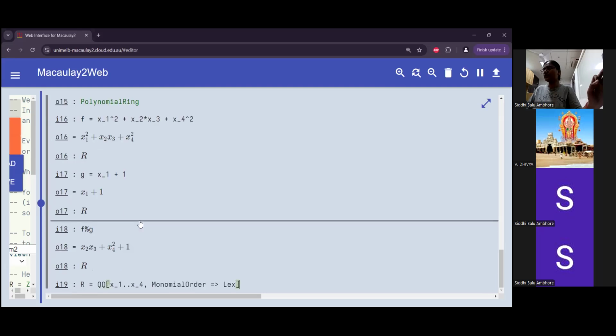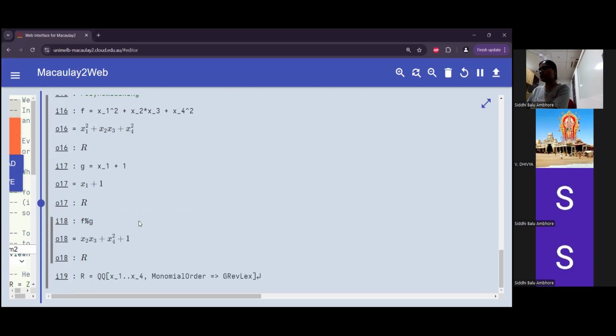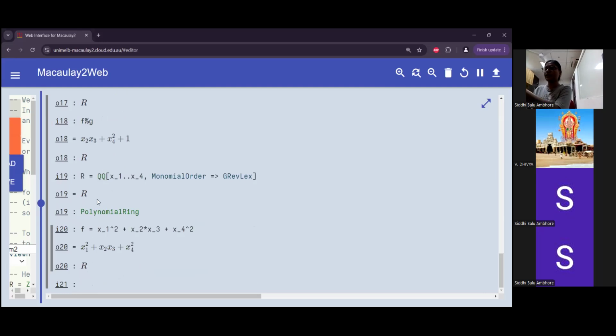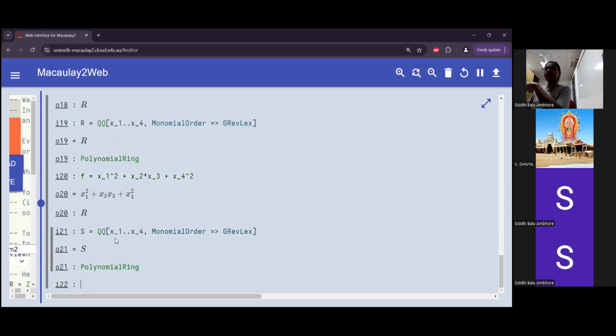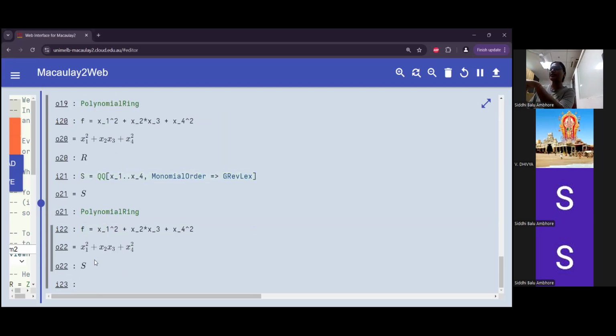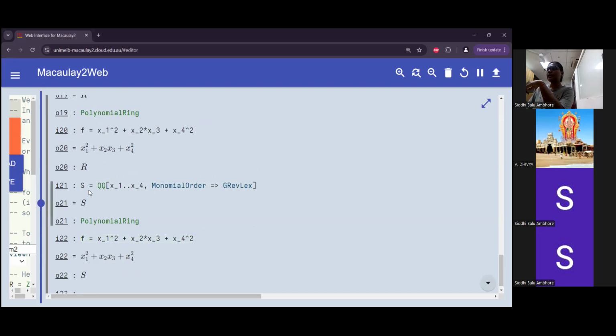And this actually does not depend on the order we choose. If I define this ring S here and again write this polynomial f, it now considers it as a polynomial from ring S instead of ring R. So the latest ring you define is used, unless it has different order or different variables.